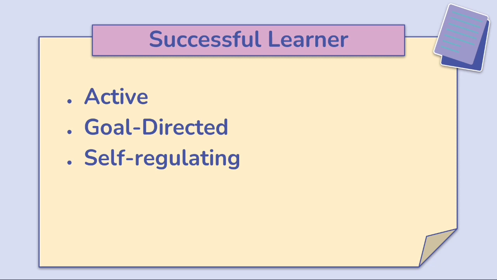An active student takes part in the teaching and learning process. Second is goal-directed. A learner should set goals for themselves. Then lastly is self-regulating. A self-regulating learner knows how to monitor his or her progress and monitor the strategies that are being used.